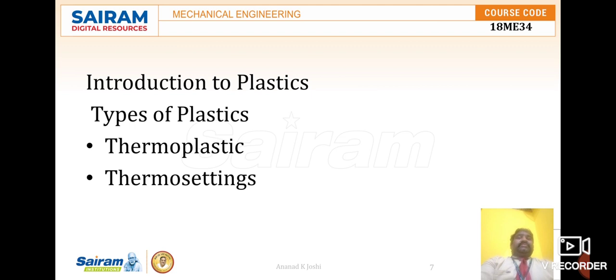Okay, these are examples of thermosets. So these are the different forms of plastics, thermoplastic and thermosettings. In the next video we'll discuss in detail how the different plastic processes take place, and also some of the applications. Okay, thank you.